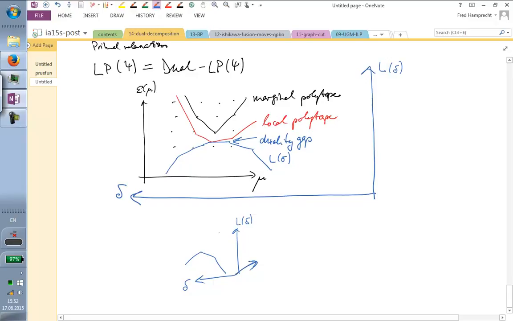I've tried to put these in the third dimension, and along this third dimension we may eventually reach a point where we obtain an even higher value for our Lagrangian, such that we may eventually be able to close this duality gap.